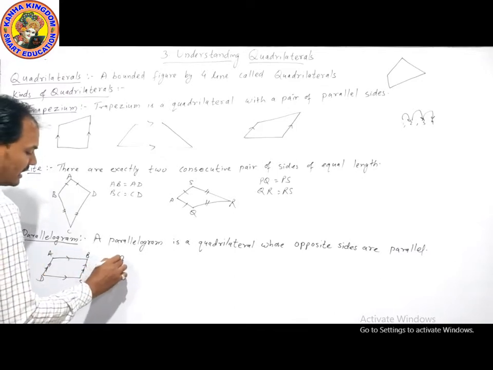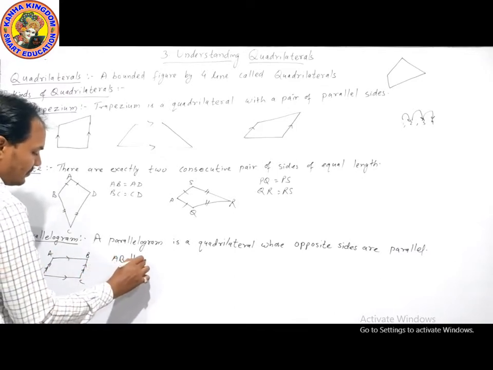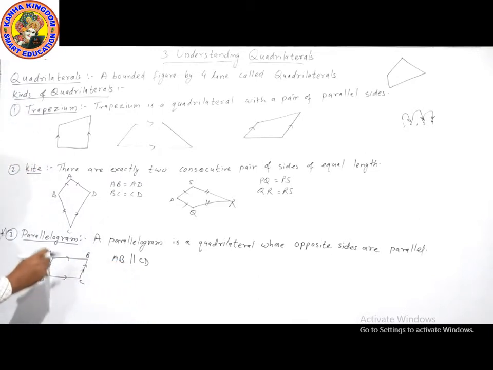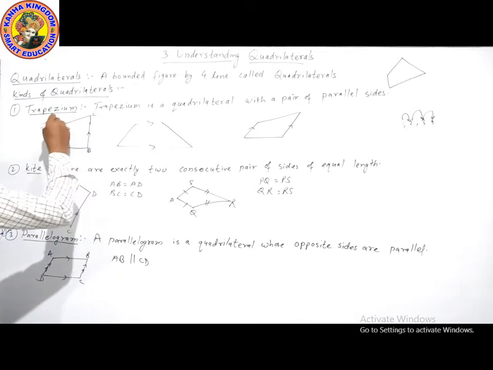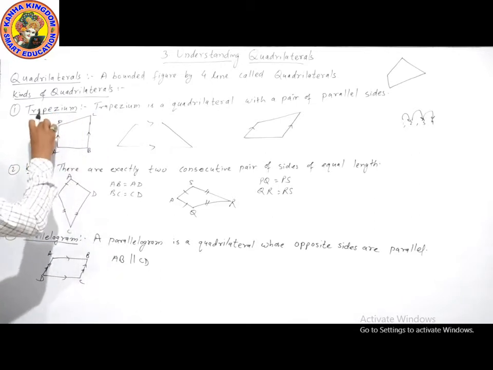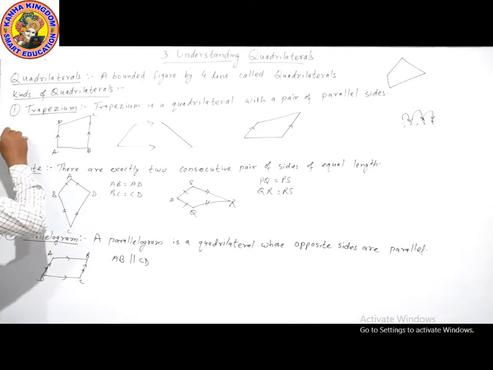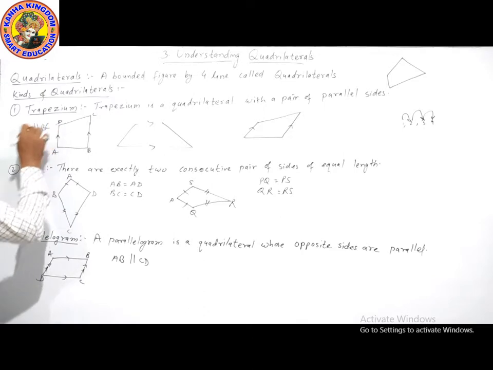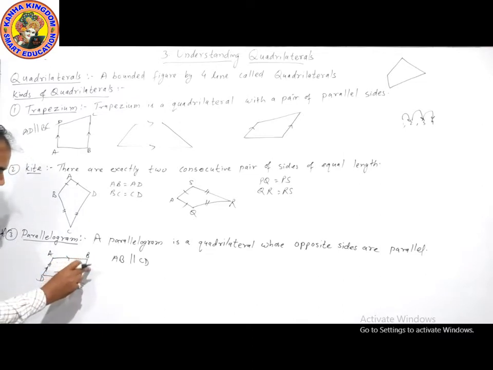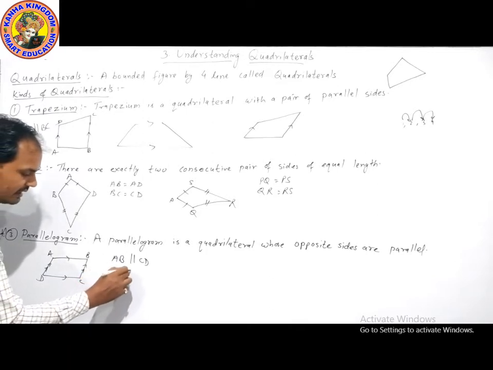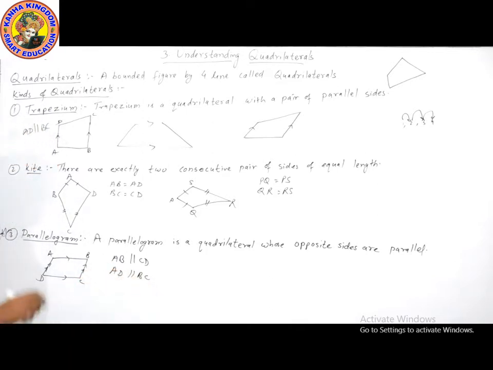Here AB parallel CD. This is the sign of parallel. In this A, B, C, D, here AD parallel BC. This is the symbol of parallel. So here AB and CD are parallel. Again AD and BC are parallel.